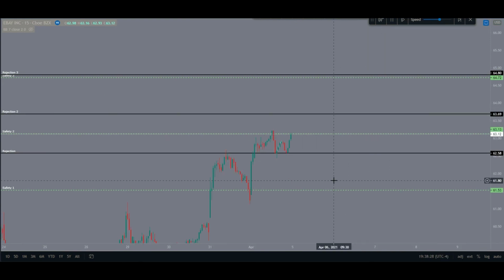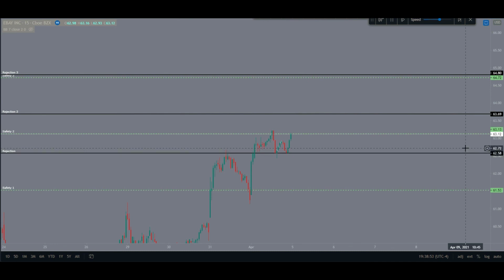Another thing I want to point out is, let's be really clear about what our target is. Our target is 64.72. Let's make note of that, the 72. Now let's have a look at 62.72.